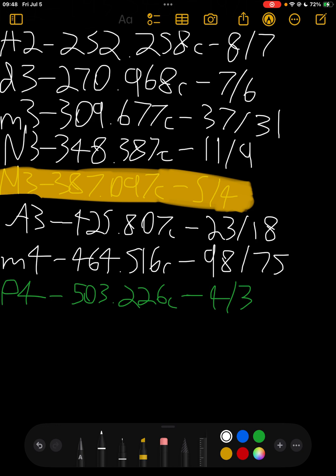Next up, the major fourth at 541.936 cents. And with that, we could check its ratio.